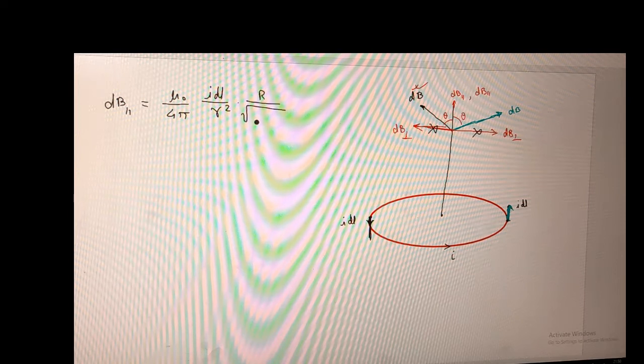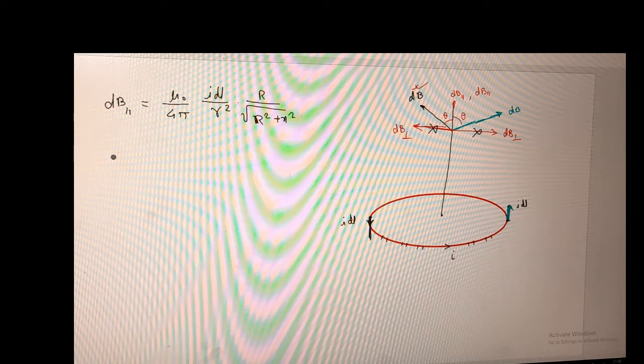Small r is nothing but root over R square plus X square. Fine. So in order to find the whole B due to this small element, I can take a small length like this everywhere and add up together, which is equivalent to integration.